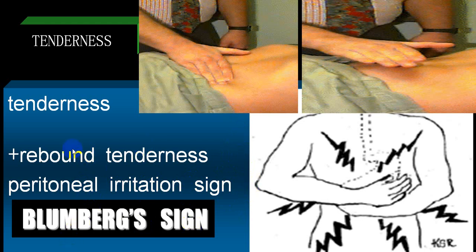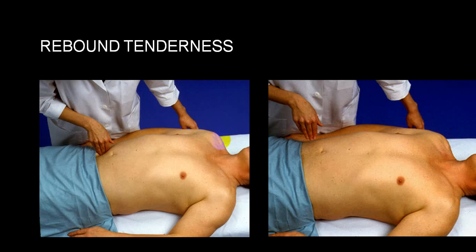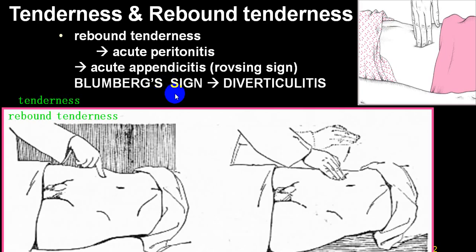But rebound tenderness, by palpating in a left iliac fossa, releasing it, the pain in a right iliac fossa is given a name Rousing sign. So there is a difference between a Blumberg sign and Rousing sign. Here there is a deep pressure which is being applied and you are releasing it, and when you release it, the person complains of a pain, and that is called rebound tenderness, or we give a name Blumberg sign.